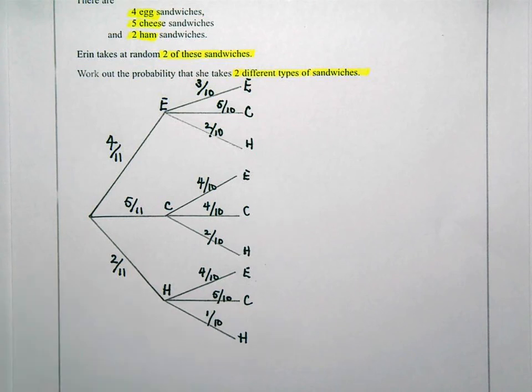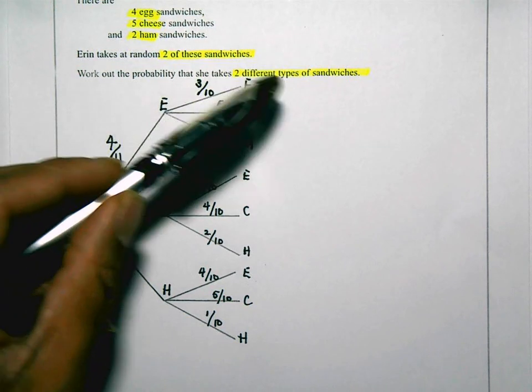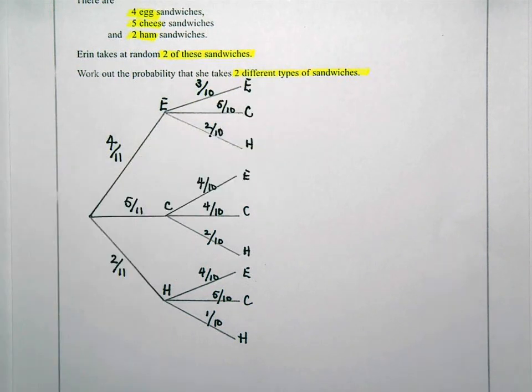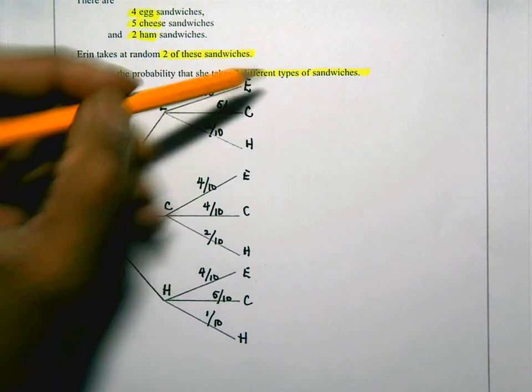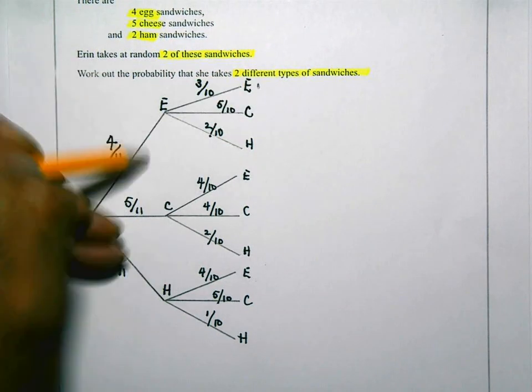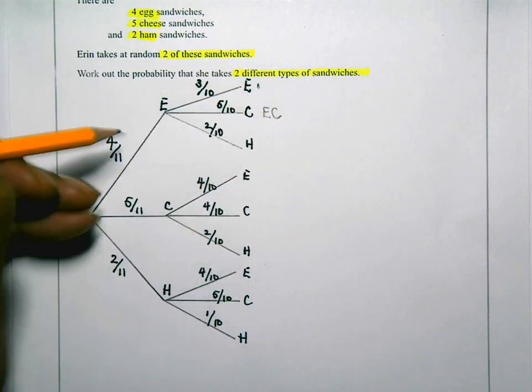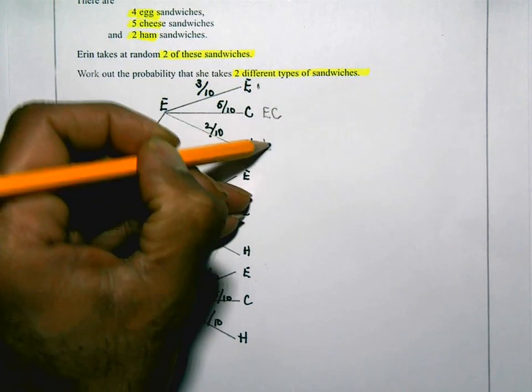Alright, answering the question. The question says, work out the probability that she takes 2 different types of sandwich. So how can she get 2 different types of sandwich? At the end of this, that's egg and egg, so they're not different. This is egg and cheese, so I do want that one. Egg and ham, again, that's different.